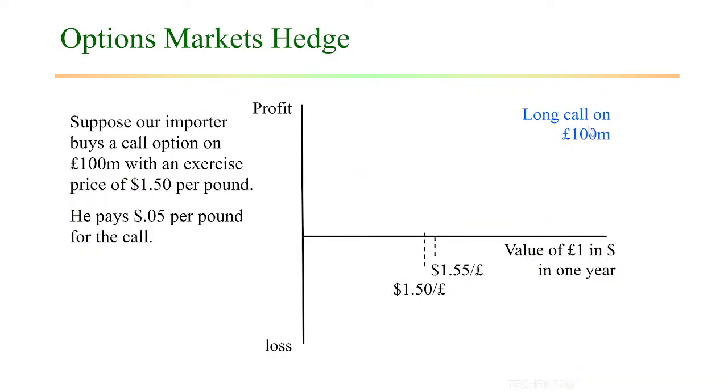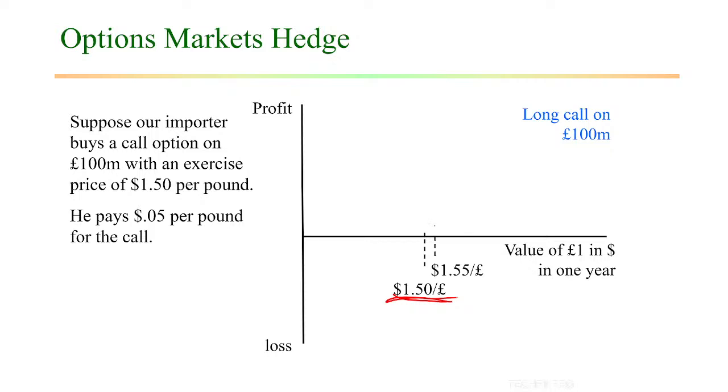So now let's take a long position, a long call position, buy call options on this 100 million pound contract. And suppose we have an exercise price of this much. So that's a strike price, and we pay 5 pennies, a nickel.